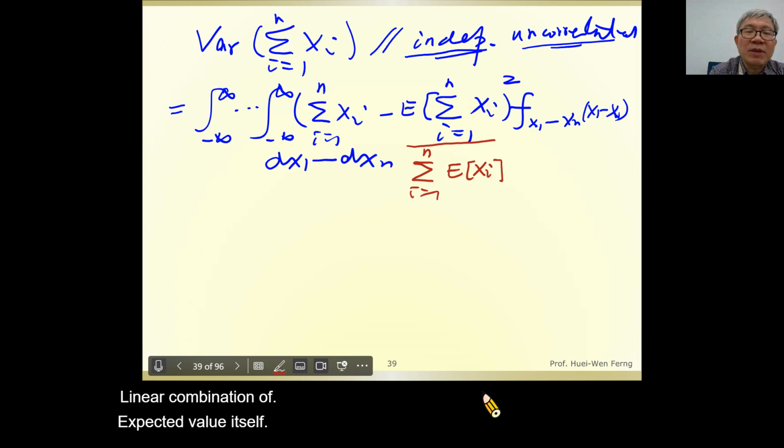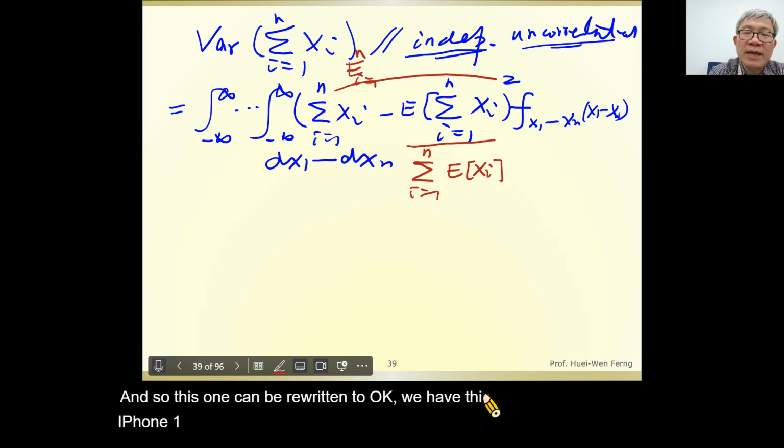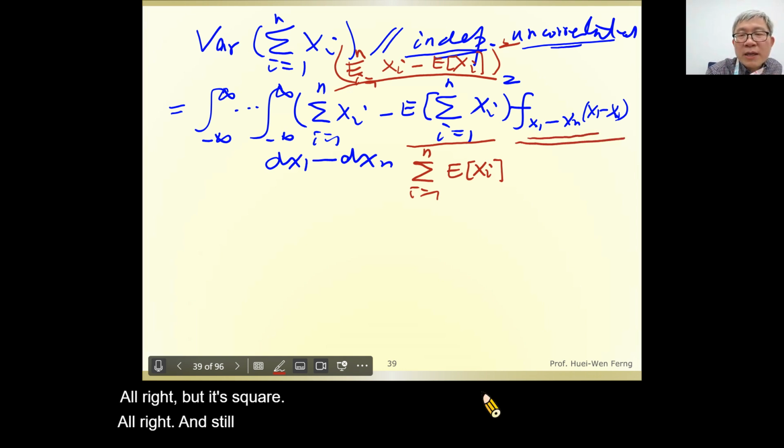So this can be rewritten as the sum over i from 1 to n of Xi minus its individual mean, squared, and still following the joint PDF.